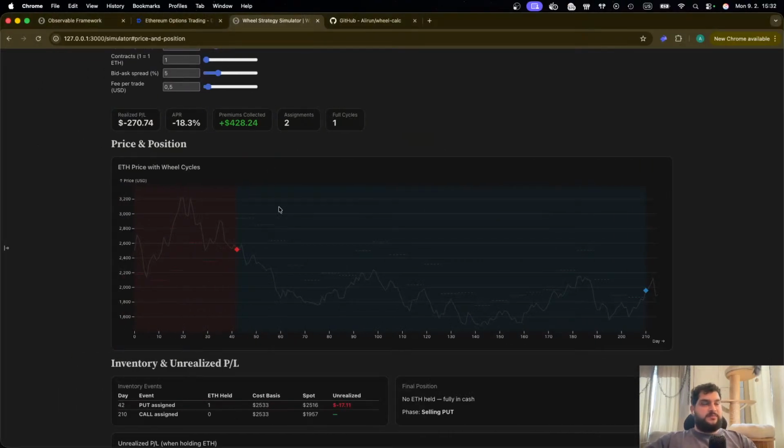Let me take a look at where we can do that on our current chart. Imagine, for example, here we sold a put option, and then the price goes up. Instead of holding it this whole time, we can define where we take profit, and we could have sold it right here.